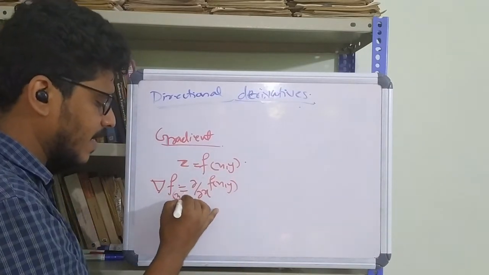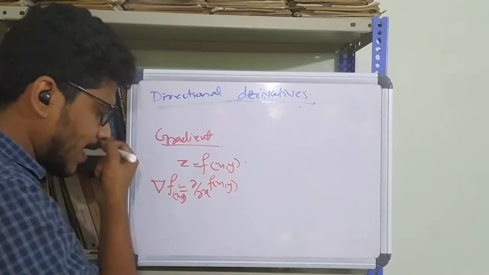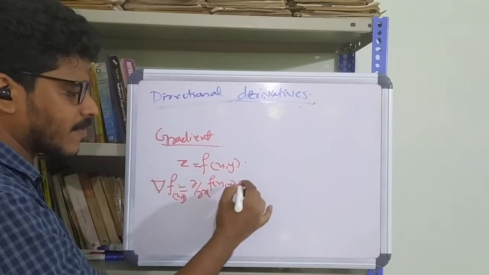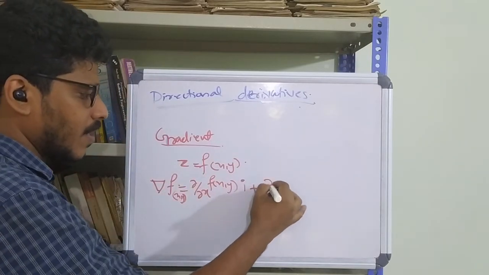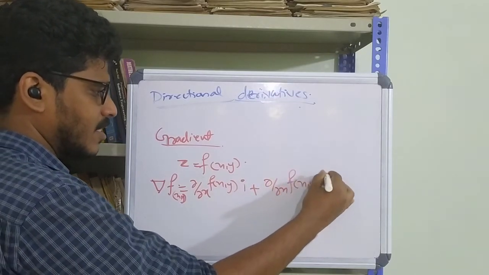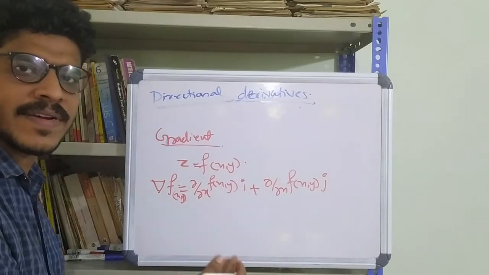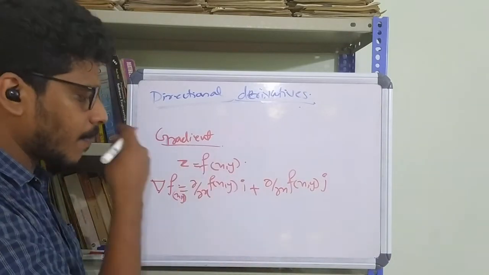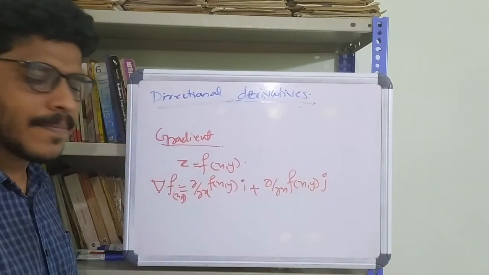See, this is a function of x y again. So grad f of x y is equal to dou by dou x of f of x y i plus dou by dou y of f of x y j, where i and j are unit vectors in the directions of x and y.